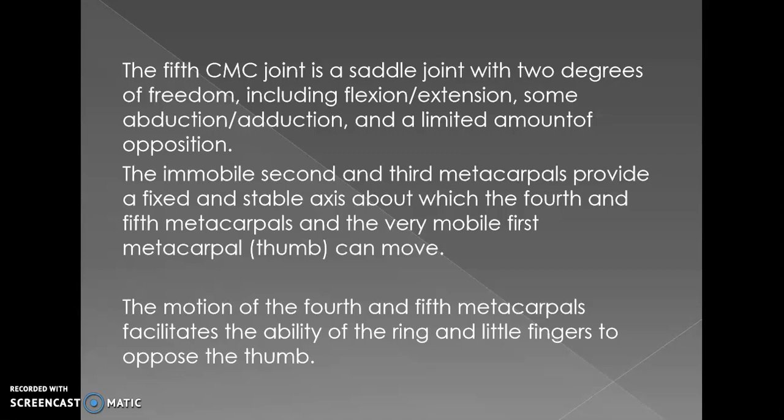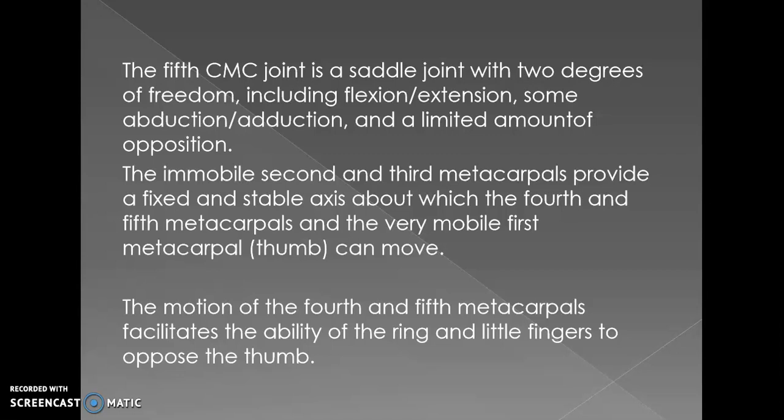The fifth is a saddle joint with 2 degrees of freedom, because, as I told you earlier, mild abduction is possible. A few degrees of abduction is possible in the fifth as well as the fourth, but in the fifth it is more evident. So 2 degrees of freedom only for the fifth carpometacarpal joint, which is a saddle joint.